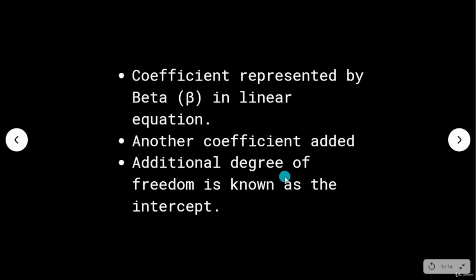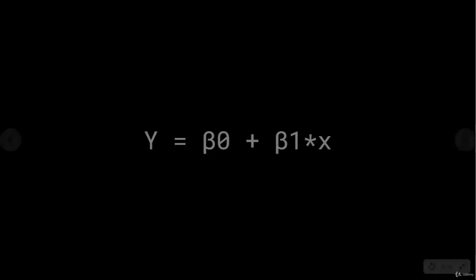There is one coefficient represented by beta in the linear equation of linear regression. Another coefficient is added, providing the line an additional degree of freedom, which is known as the intercept. A simple regression problem would be classified by using this equation.